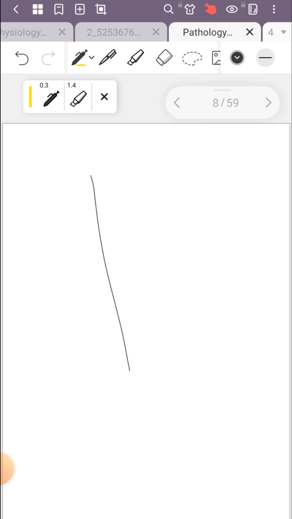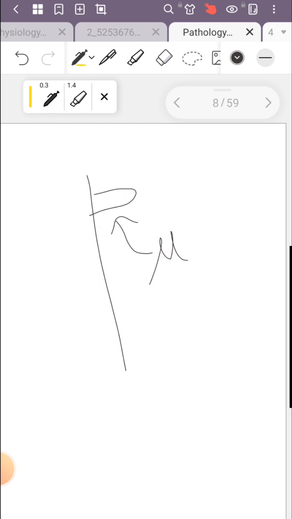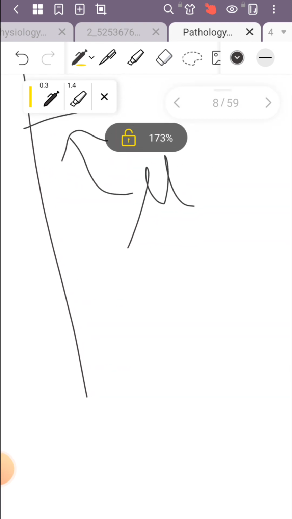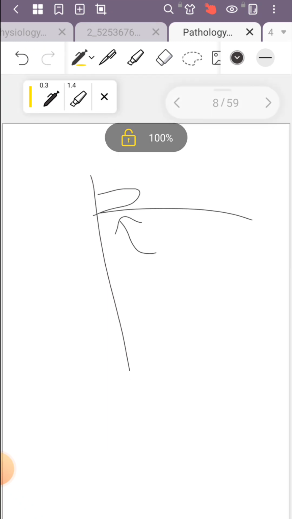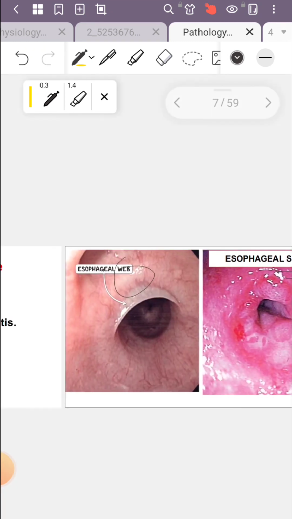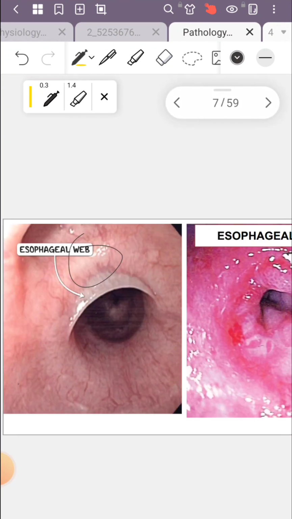So you can see here there is a protrusion, a mucosal protrusion or mucosal lip. This is only the mucosal layer of the wall. Only the mucosa is protruded and causing this type of obstruction. A mucosal fold obstructs the lumen.